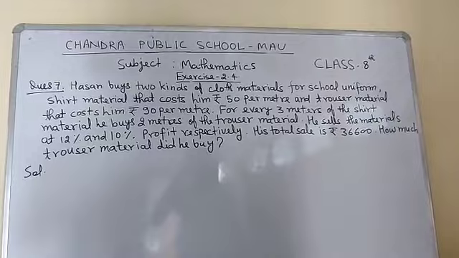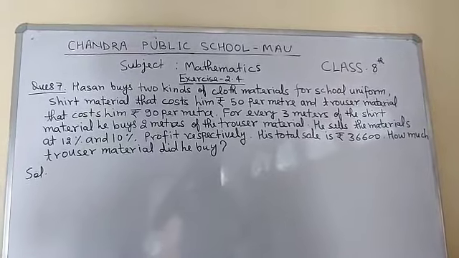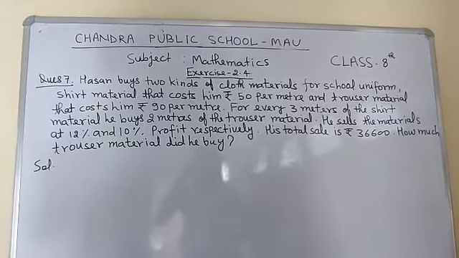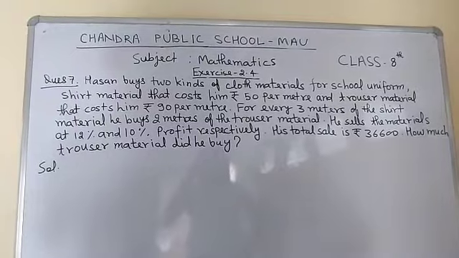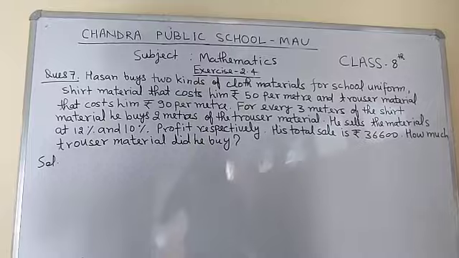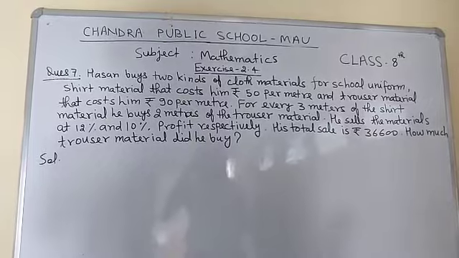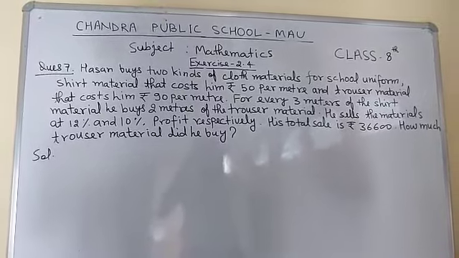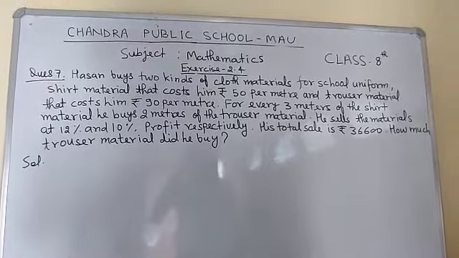So if that person buys 3x meters of the shirt material, then he will buy 2x meters of the trouser material. It is given that for every 3 meters of shirt he needs 2 meters of trouser, but it is not given how much shirt or trouser material he bought. So here I will take the variable x.